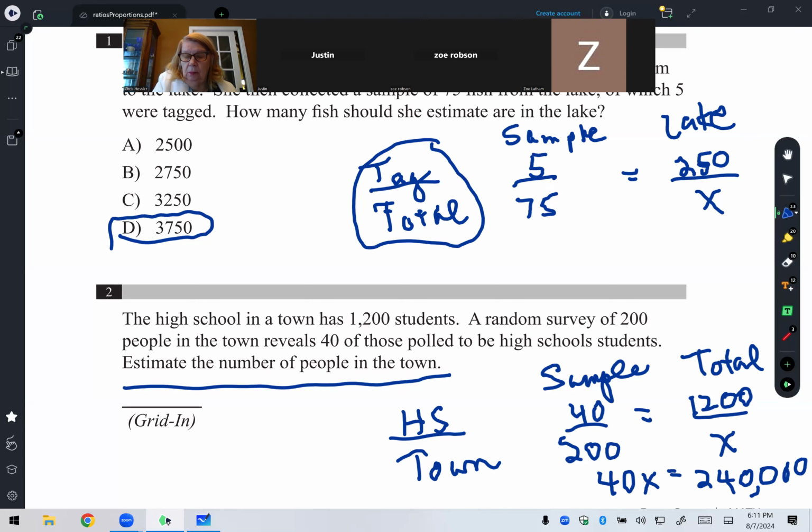You sure? Yeah, 40x equals 240,000. So then when you divide by 40, you get the answer. So Latham, did you get 6,000? Yeah. Good. Zoe Robson? Yeah. Good. And Justin, are you good now? Yeah. Good.